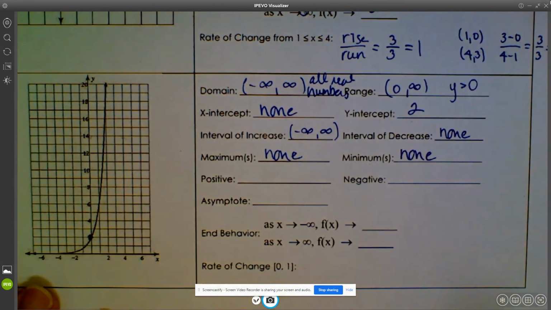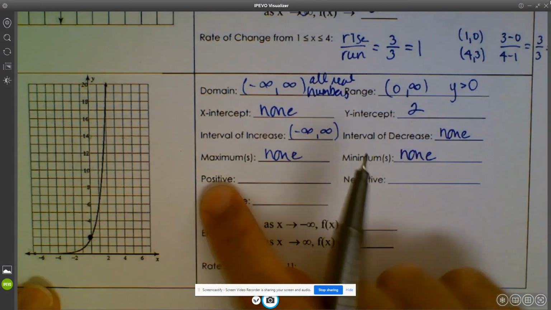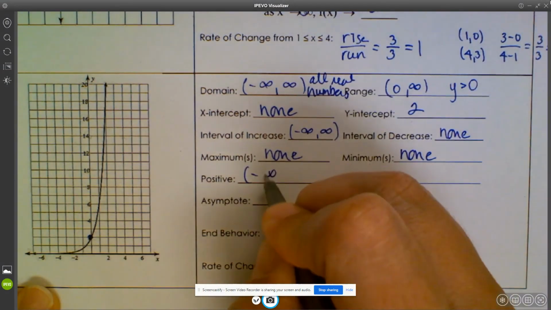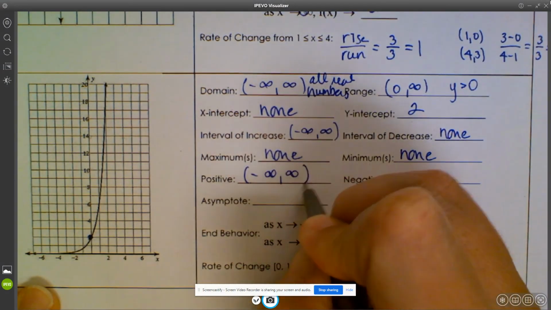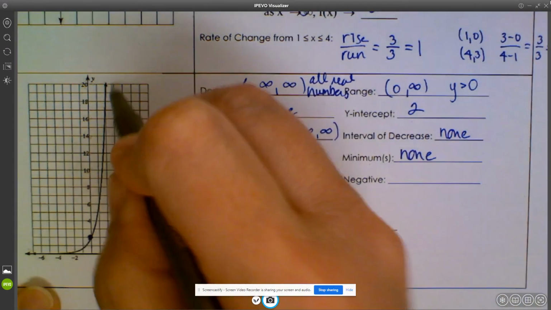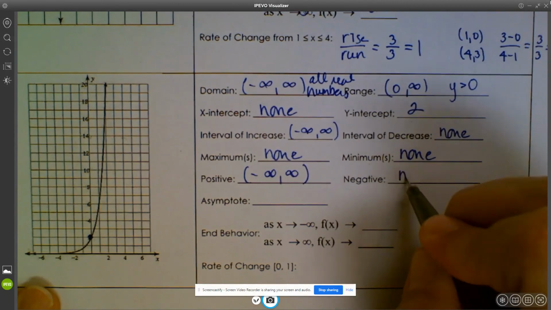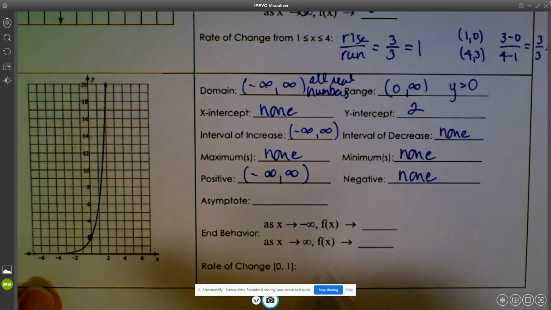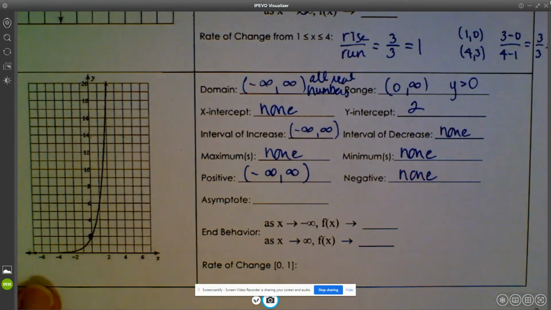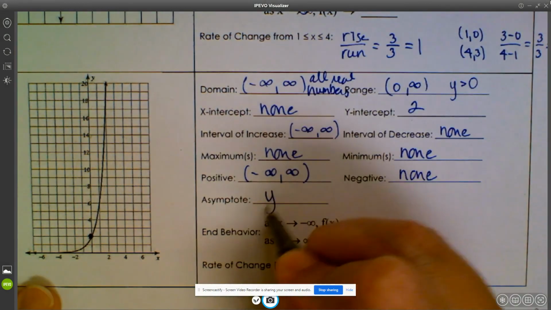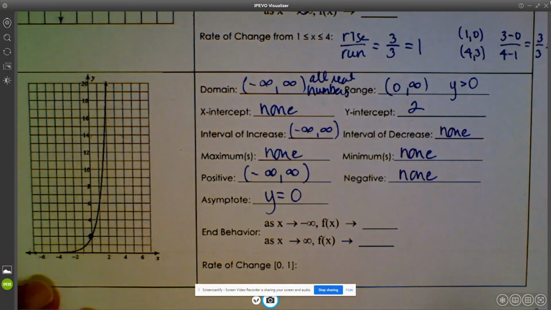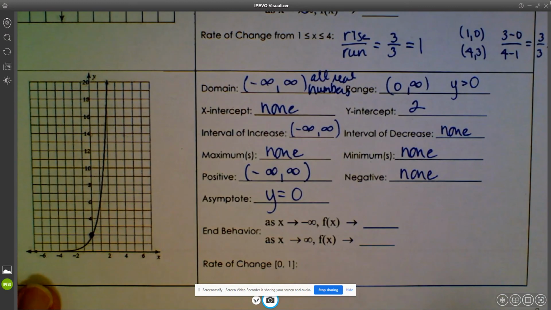No. Where are we positive? We're positive everywhere because the whole thing is increasing all the way through. Where are we negative? Nowhere, because we're always above 0.